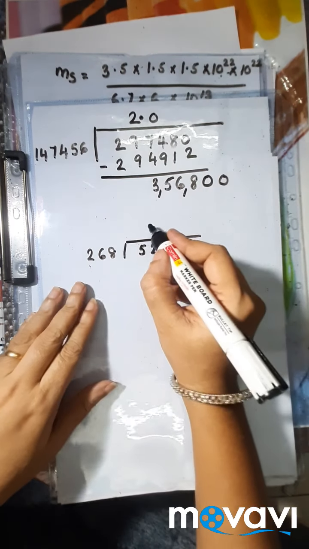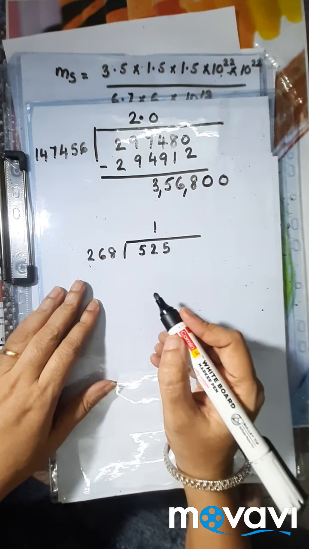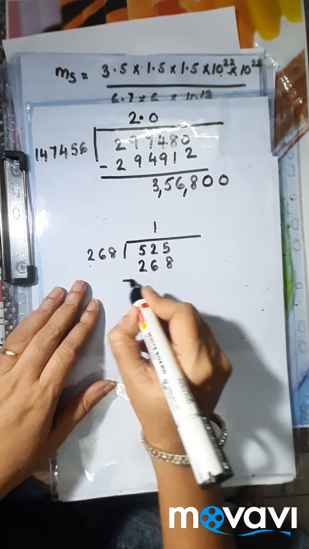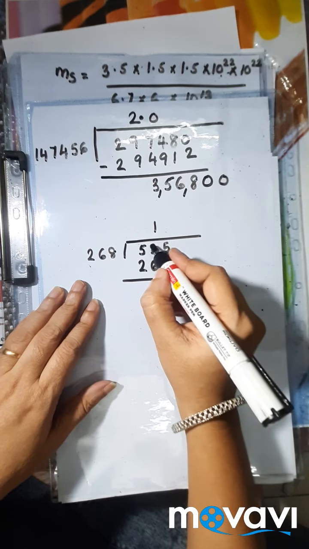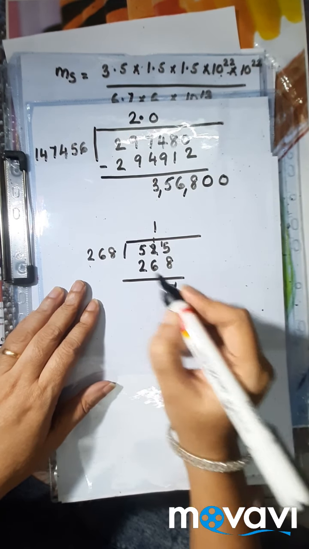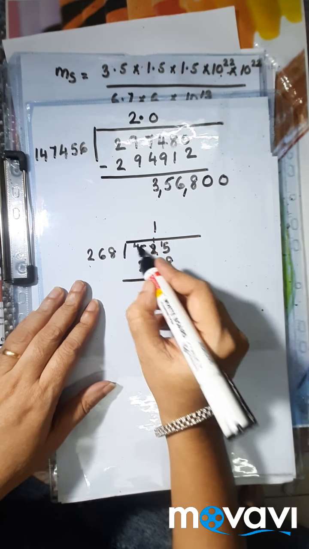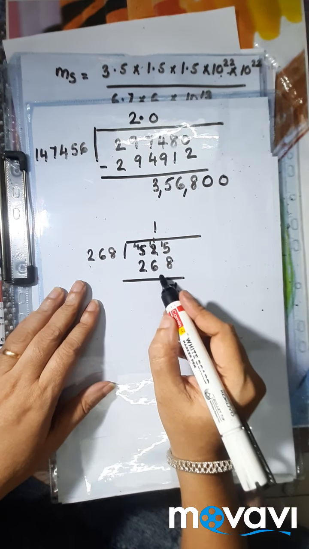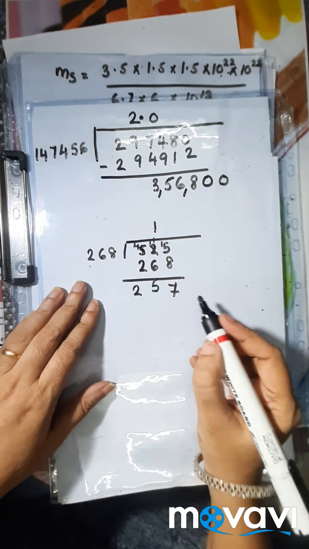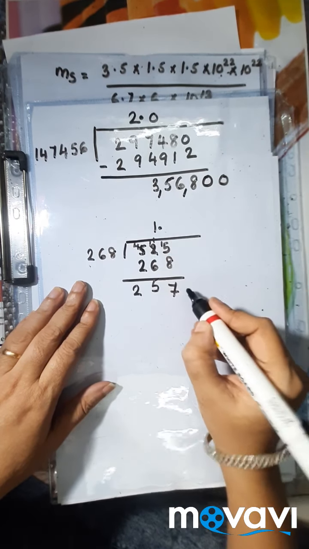Okay, so this is only one time still, one time it is 268, right? So when you minus this, this will become 257, correct? Now because of that I'll put a point and I'll put a 0.